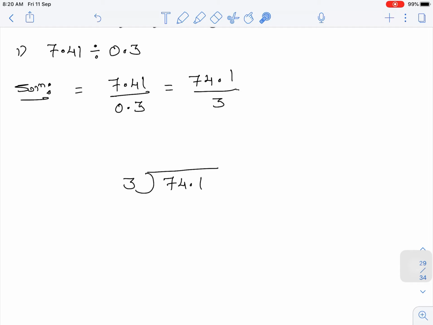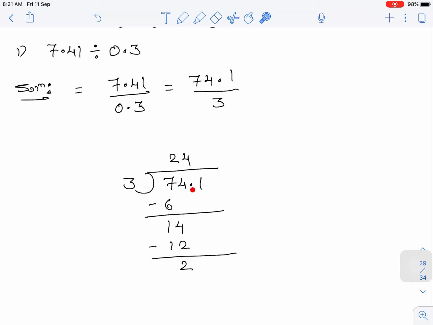No, but a near number, yes. So we write 3 2s are 6, then subtraction. 7 minus 6, you will get 1. Now bring this number down, so you get 14. In 3's table is 14 coming? No, but we have a near number, 3 4s are 12. So minus, 14 minus 12, you will get 2.